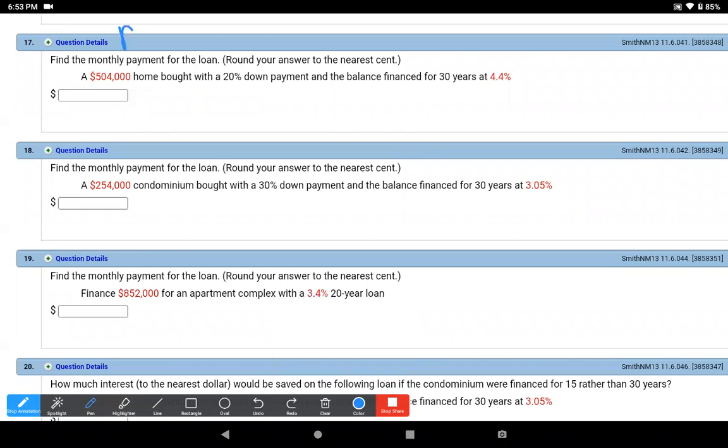M equals P divided by bracket 1 minus 1 plus r over n raised to the negative nt, and then that is divided by r divided by n, right? That's our formula.